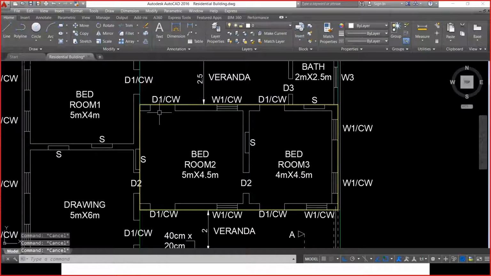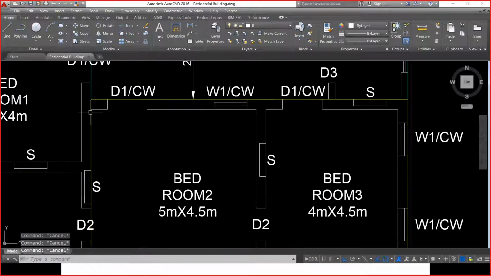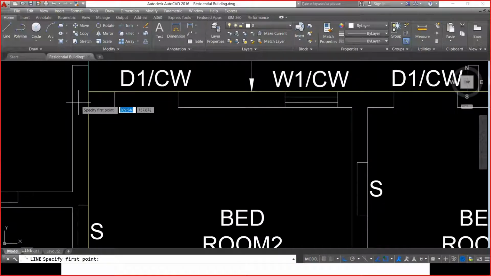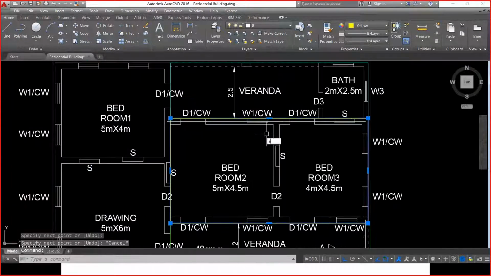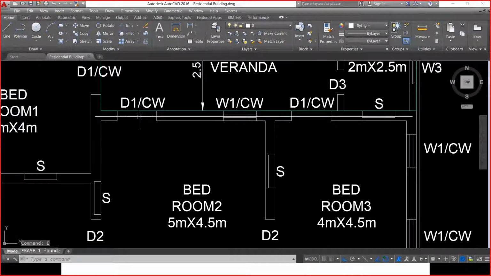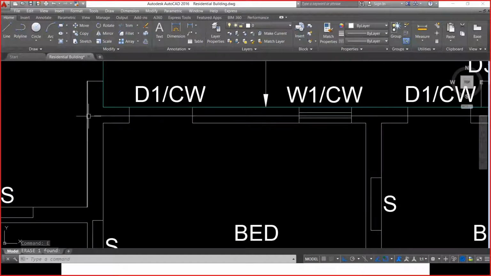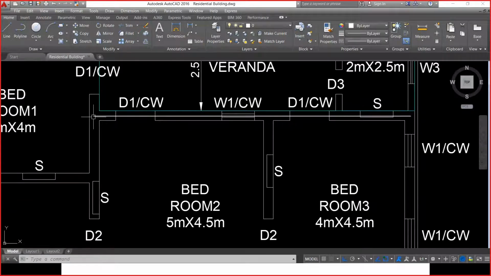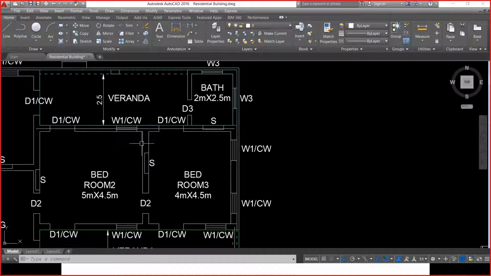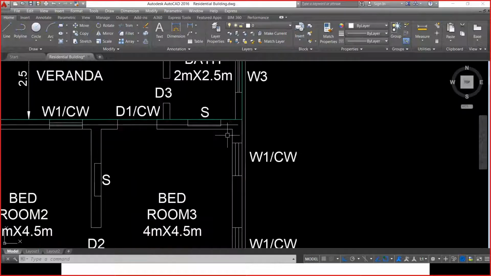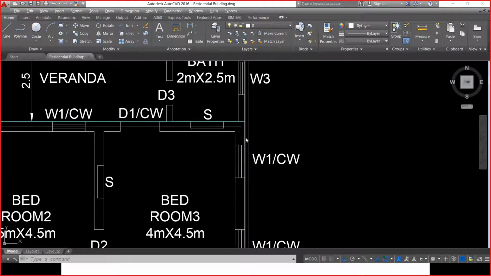So let us calculate the center to center distance initially. Center to center distance is from here to here. I hope you are following. Center of this wall is 0.3 by 2, plus the width of this room 5 meter, plus 0.3 meter, the partition wall thickness, plus 4 meter, the width of bedroom number 3, and plus 0.3 by 2.